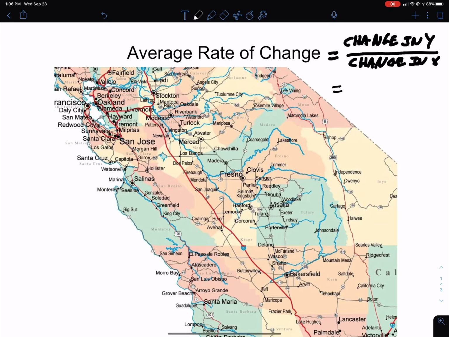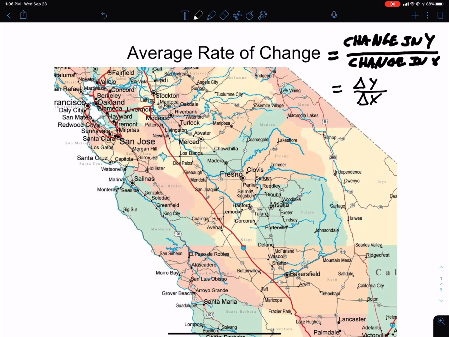Now, change, we use delta to indicate change. So it's change in y over change in x. So that's rate of change, and it's average rate of change. You'll figure out why it's average. So that's what's happening with rate of change.